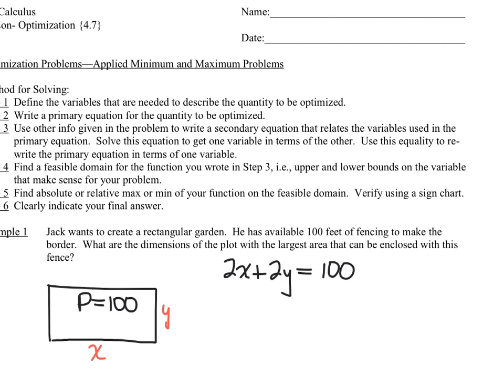I can clean that up: x plus y equals 50. All right. So the thing that we want to maximize or find the largest value of would be the area. So this is an equation that's going to be useful for us, but the more important equation would be area, and area would be equal to length times width, in this case x times y.